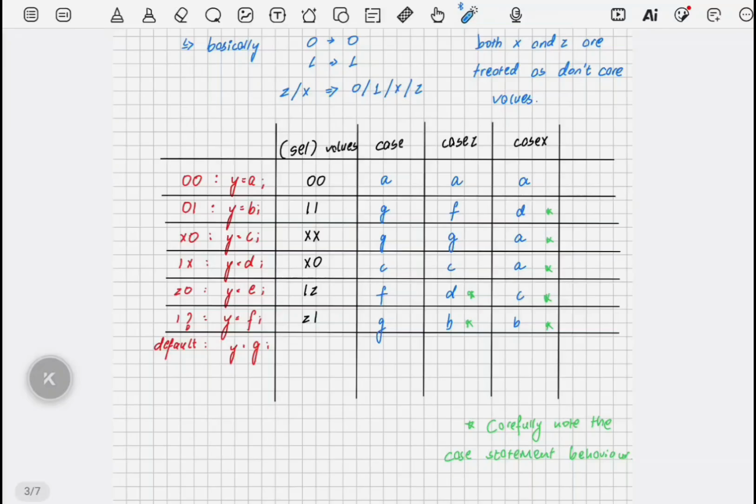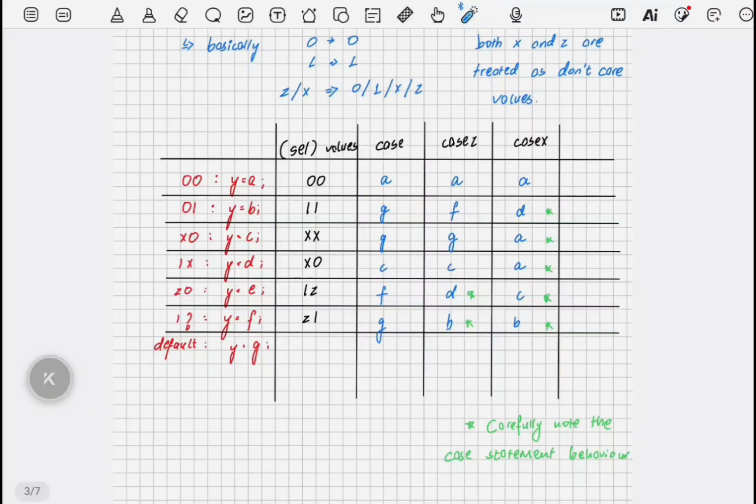Try to pause the video and map it on your own, and then compare it with my table. If you are able to do it correctly, well and good, you have understood all the concepts. If not, I will answer them. Just go back to the start of the video, rewatch, and try to solve them. Okay, this is pivotal in learning about case statements.